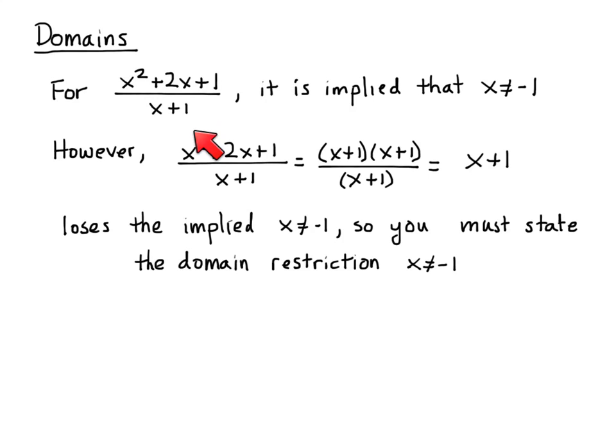So if I'm just writing this, you can see by the expression x can't equal negative 1 because then you're dividing by 0. So this one has a built-in stop sign if you want to think of it that way. When I simplify it, I get x plus 1, and there's nothing that says x can't be negative 1 because negative 1 plus 1 is a perfectly good number, 0. All right, so you have to state domain restrictions that are not implied.